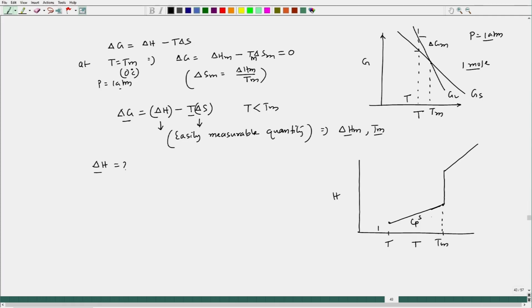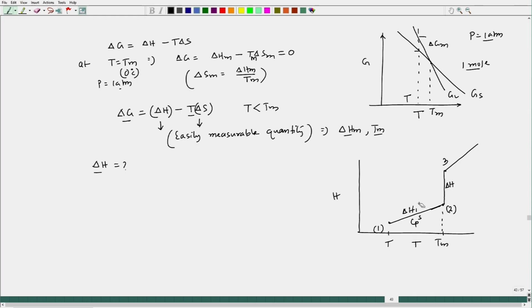Let us say this point is 1, this is 2, this is 3, where all the melting happens and then it starts increasing again. So, this is H, or I would say delta H, because it is a difference, delta H 1 to 2.